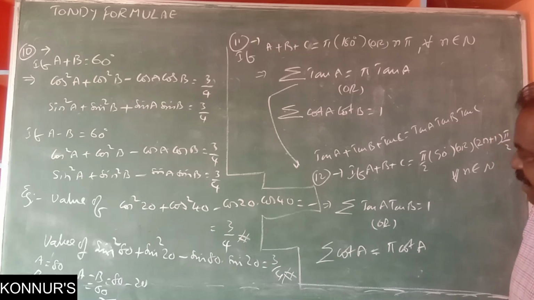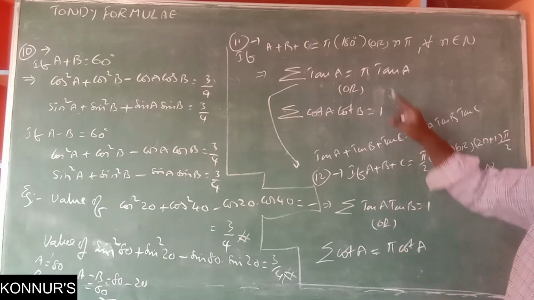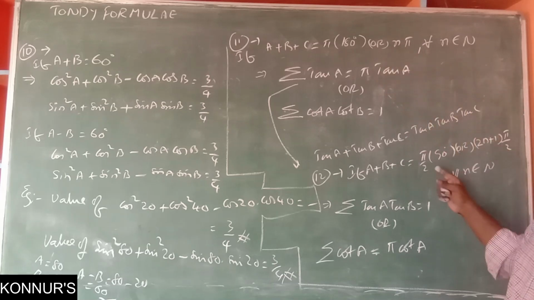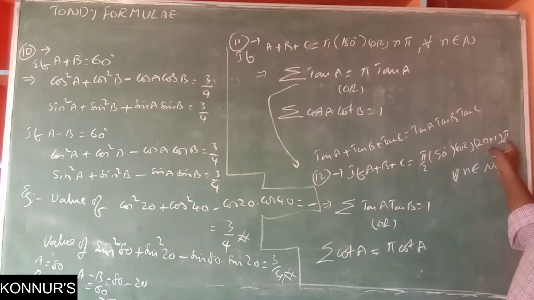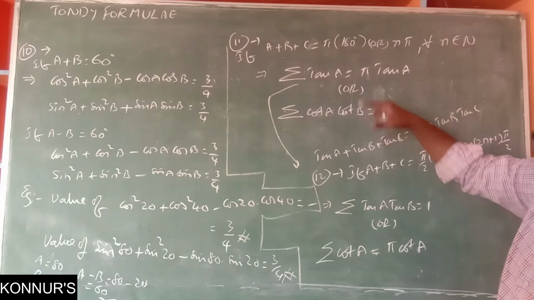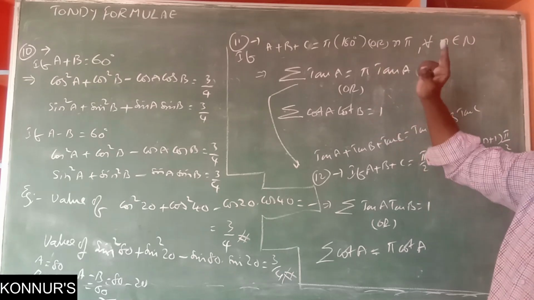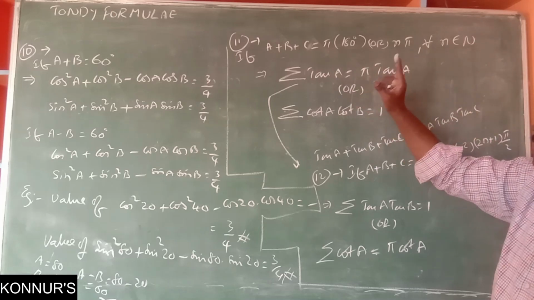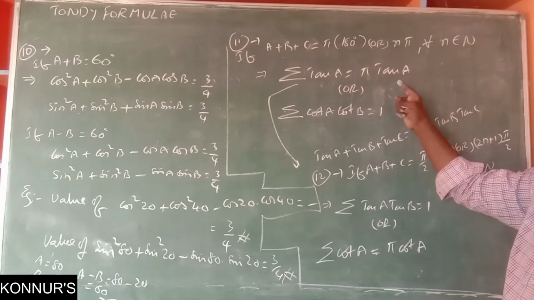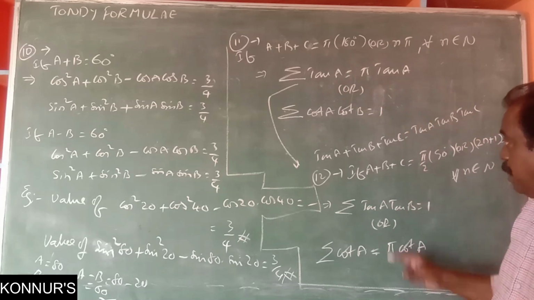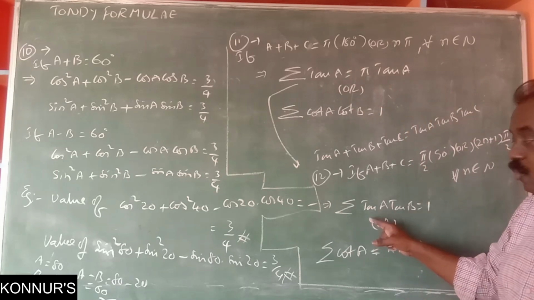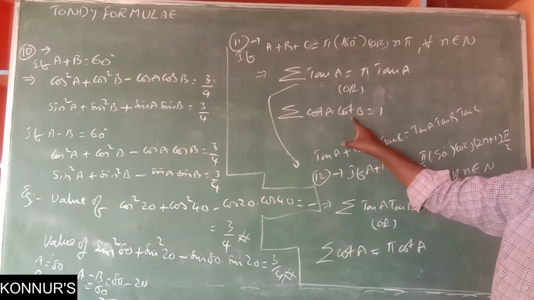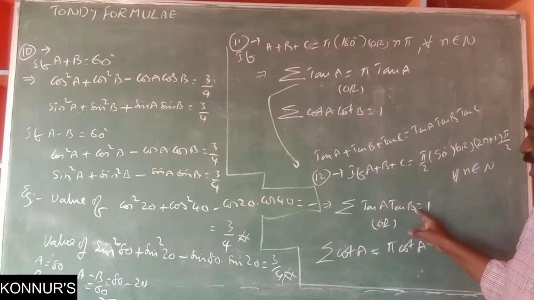Okay now? It is just a reverse, you see. Conditions are different. It is pi, it is pi by 2. You leave out this (2n plus 1) pi by 2 and n pi; in one rotation, you take it. A plus B plus C is equal to pi: the condition is sigma tan A is equal to pi tan A. Whereas A plus B plus C is pi by 2: the condition is sigma tan A tan B, just like cot A cot B. Here it is cot, here it is tan.